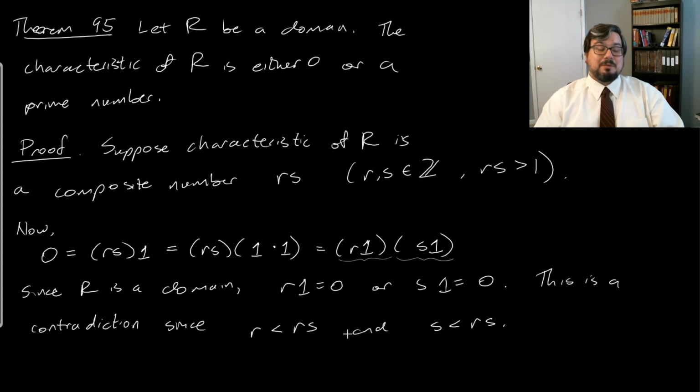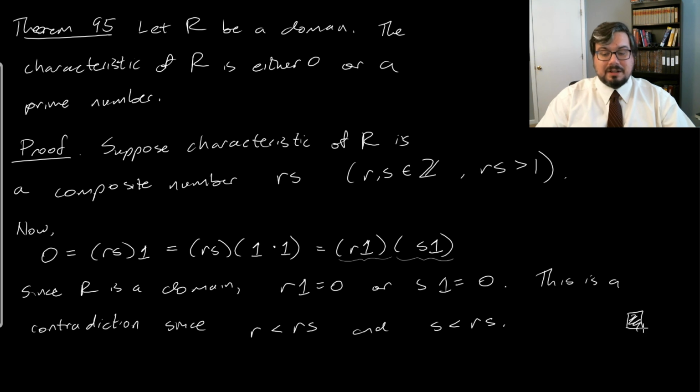So both of these numbers are less than the characteristic of the ring R, which is the same as the order of the element 1 in the group of the ring with addition. And so we arrive at a contradiction here. So the characteristic of R has to be either 0 or a prime number.